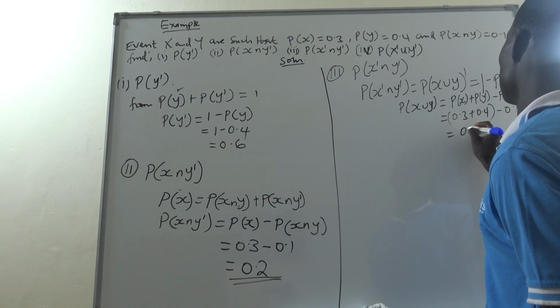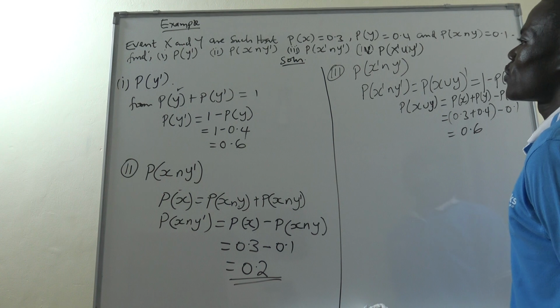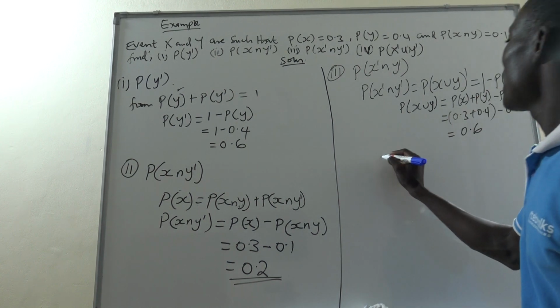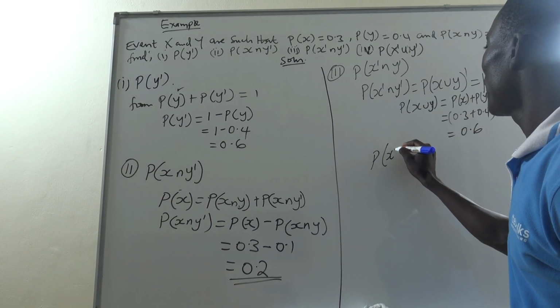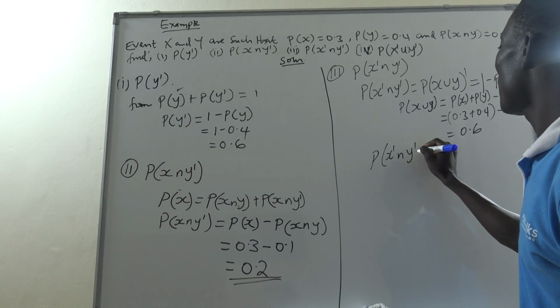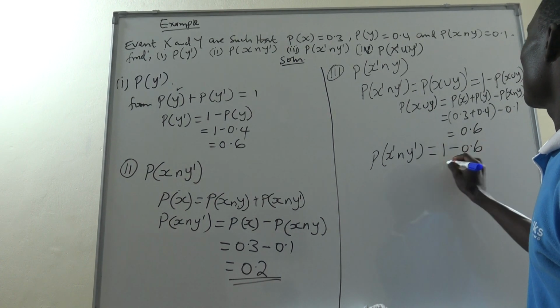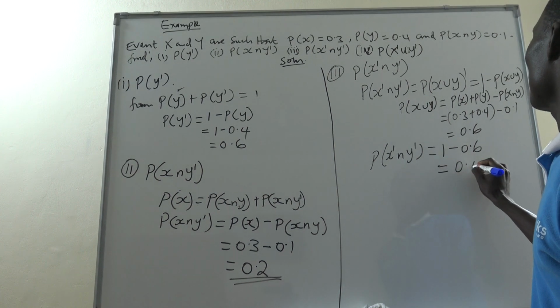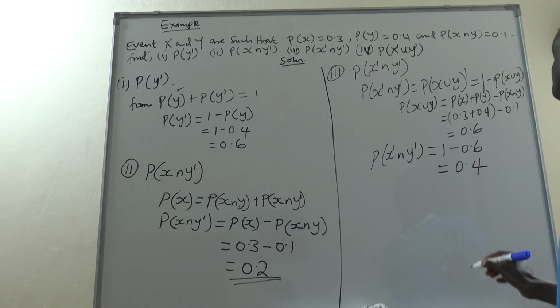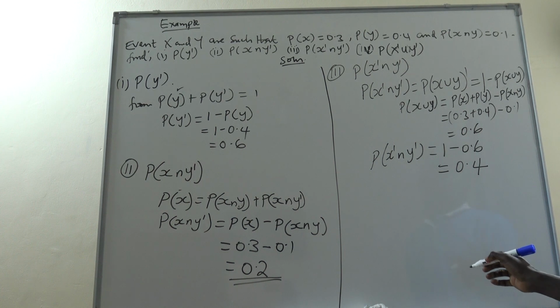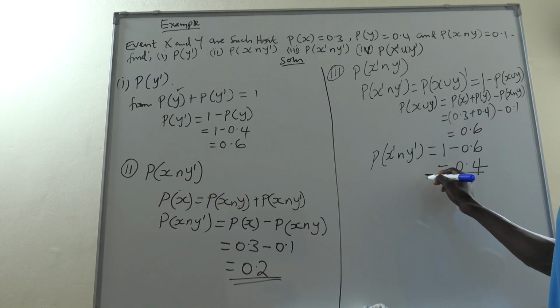The answer you get is 0.6. Then you substitute: the probability of X complement intersection Y complement is 1 minus 0.6, so the answer you get is 0.4.